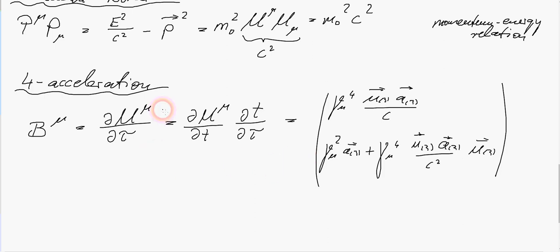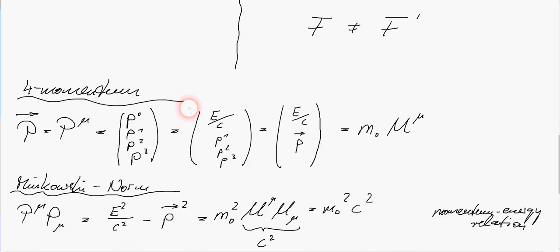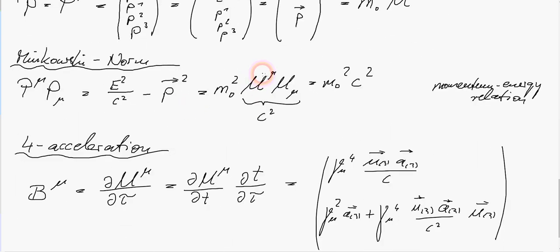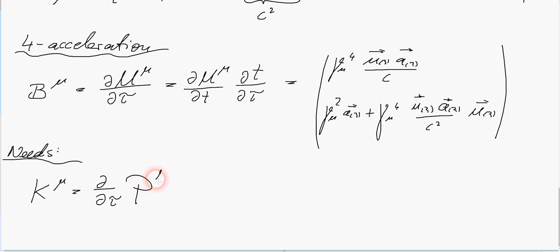And now from all this knowledge, we want to derive the 4-force. There shouldn't be any contradiction to what we have done so far. So this is what we need for our 4-force, which we call K. First, we want K^μ to equal the proper time derivative of the 4-momentum.